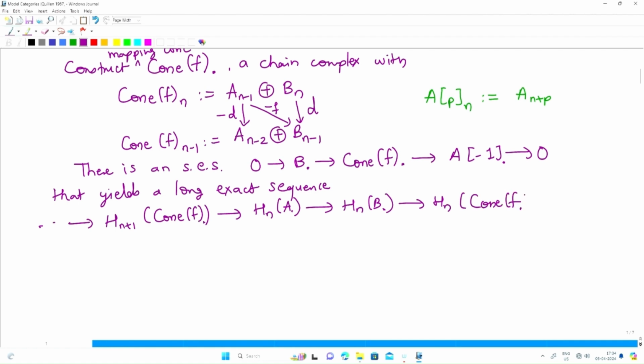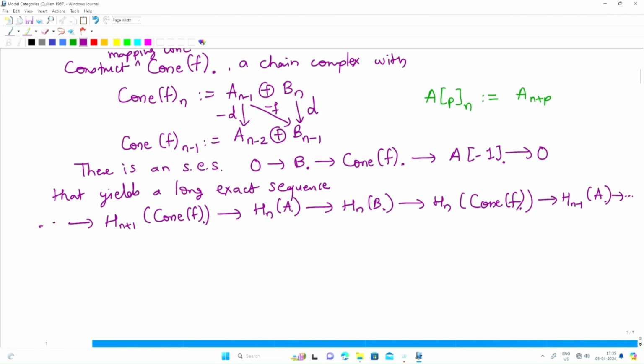So what is going to happen with this? When you compute the homology of the translated chain complex, then it will be the translated homology appropriately. Nothing will change. It's a local property anyway. And then H n minus 1 of A dot and so on and so forth.